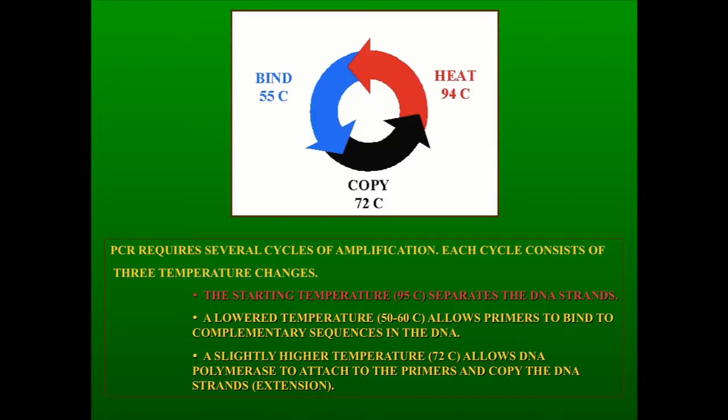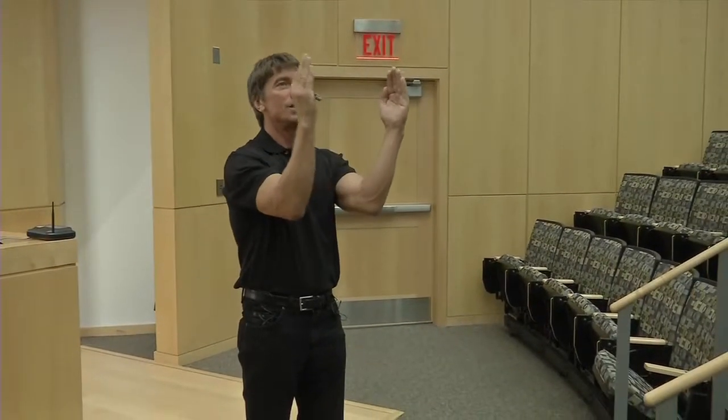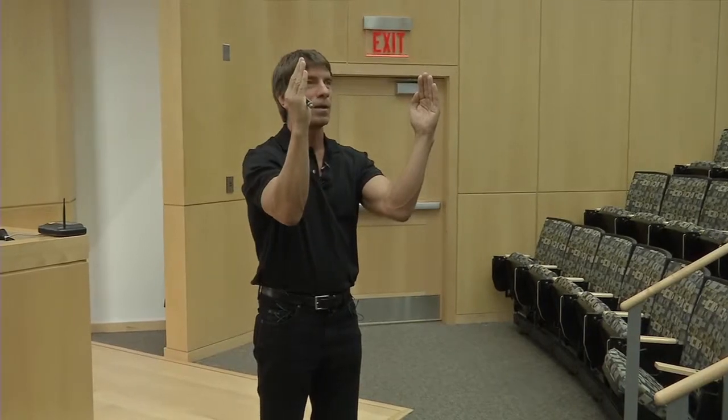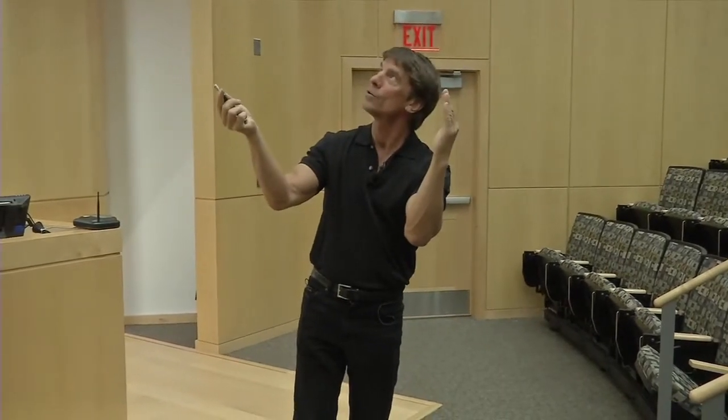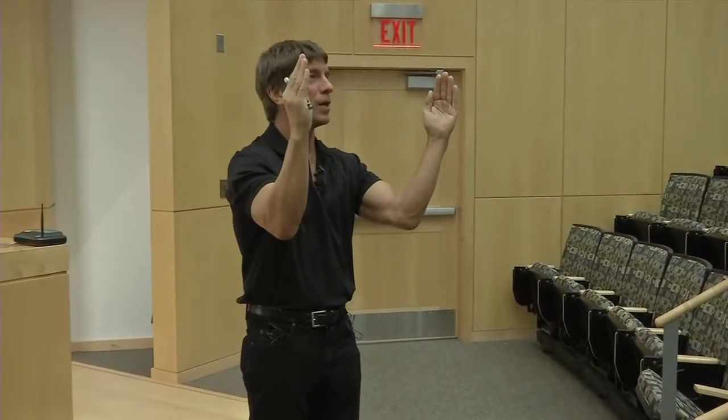So what Kary Mullis decided to do, the brilliance of this, was to use this heat-stable polymerase. So I could take DNA from a blood spot, heat it up. When you heat up DNA, it denatures into single strands. The strands come apart. If I heat it up to 94 degrees, this causes strand separation.